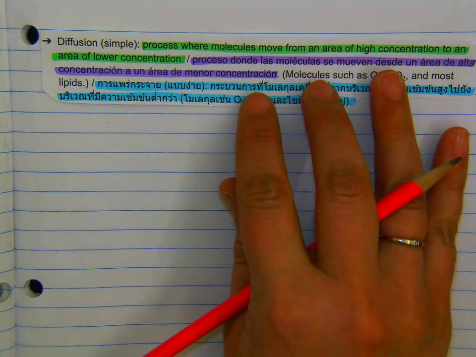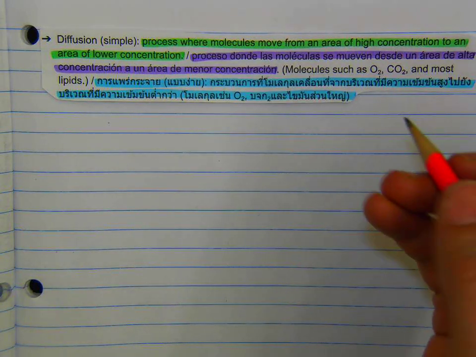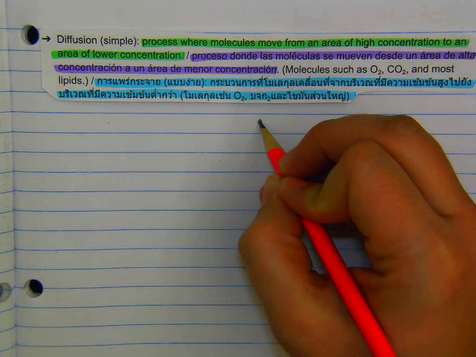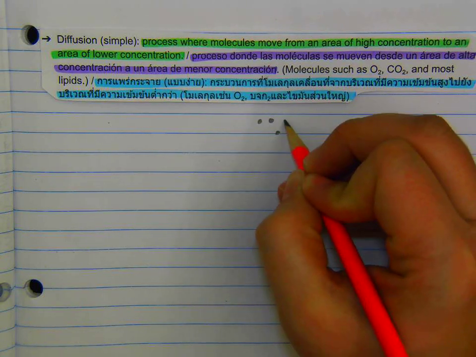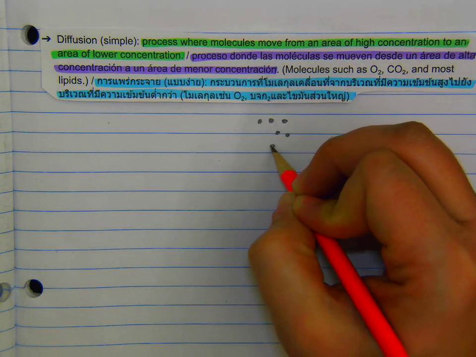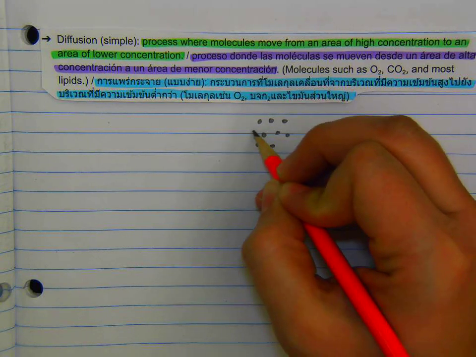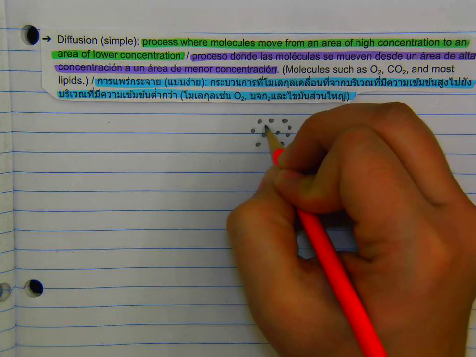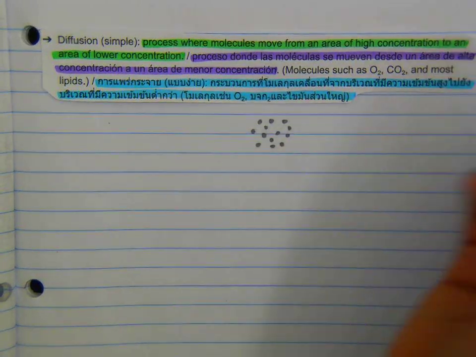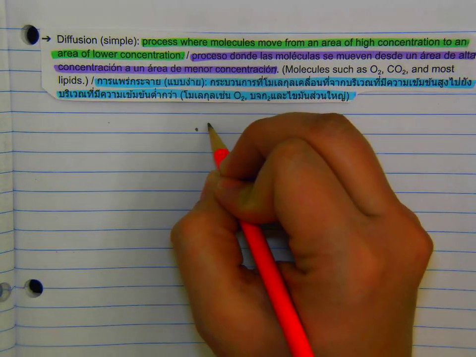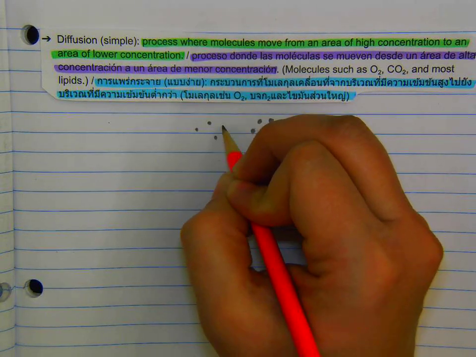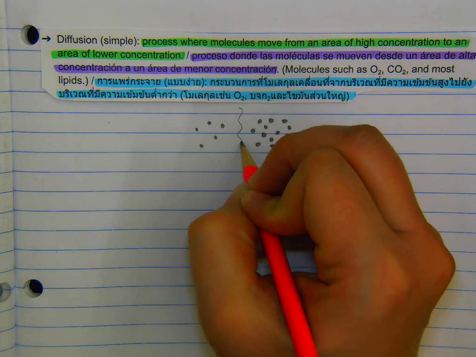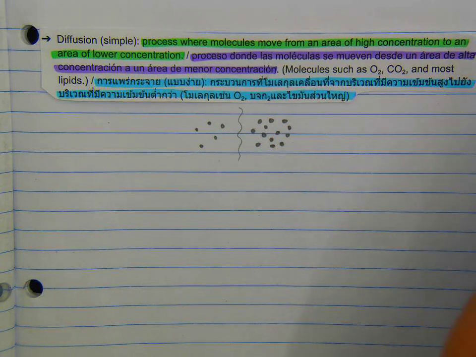We have, let me straighten this out, an area of high concentration with lots and lots of particles that are all just bumping into each other and feeling crowded and generally would rather not be in this big globby mess. And we've got an area of low concentration and a divider of some kind, like a cell membrane.